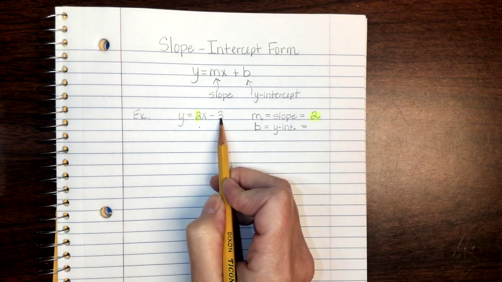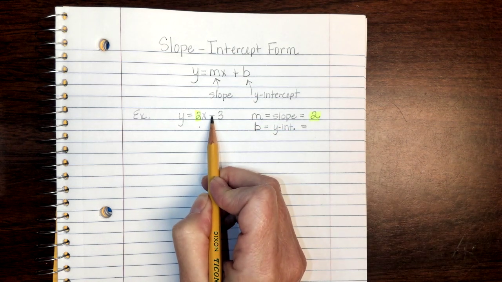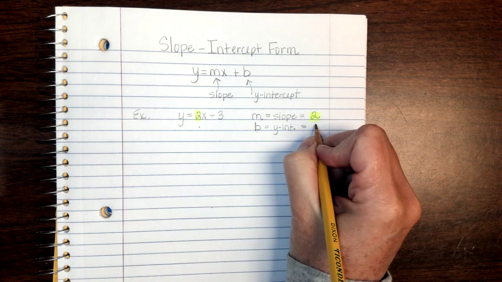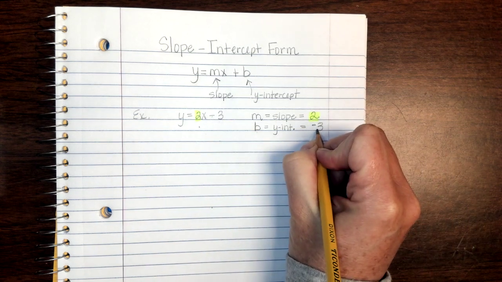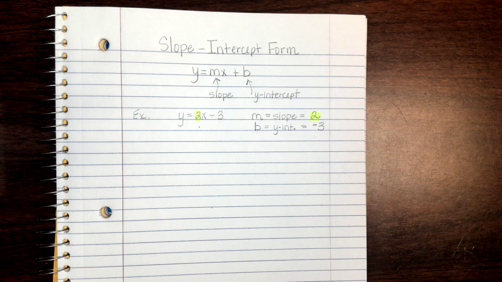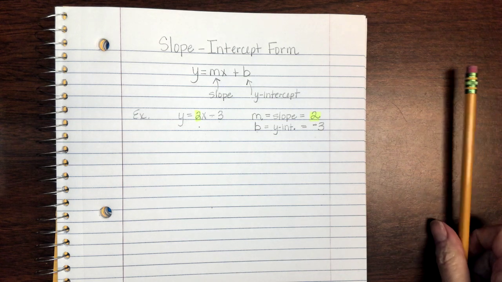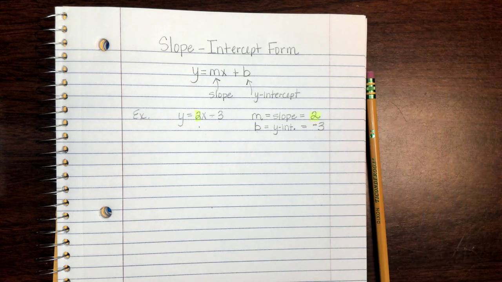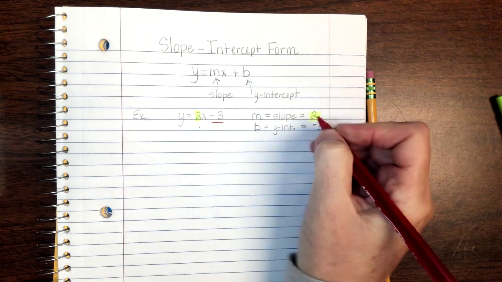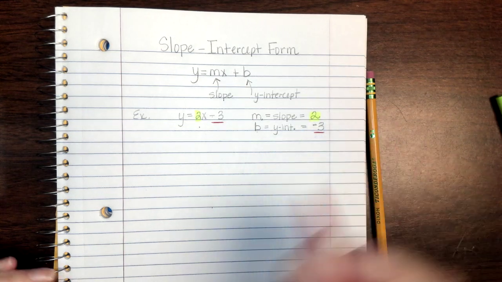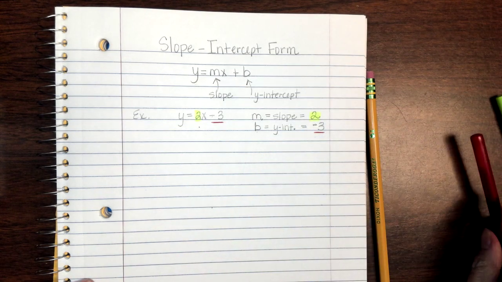Remember, if it says minus 3, every time we look at a number, we have to use the sign in front of it. And if it's a minus, that's the same thing as a negative 3. I don't have another highlighter, but I do have a marker, so I'm just going to underline that so that you can see where I got that negative 3 from.